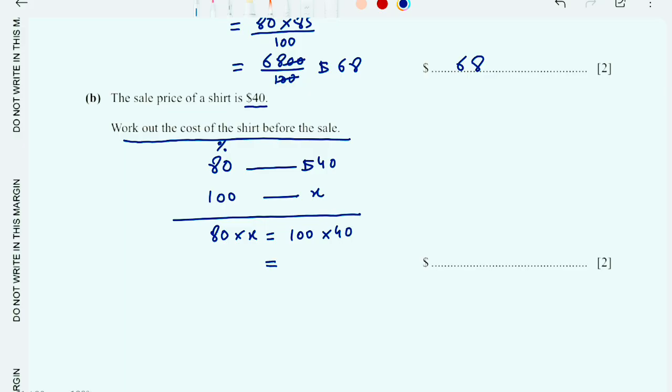So we have to divide by 80 on both sides. So 0 will cut by 0. 8 4s are 32, 4 2s are 8, and 2 times 1, 2 times 50. So $50 would be the answer. This is the original price.